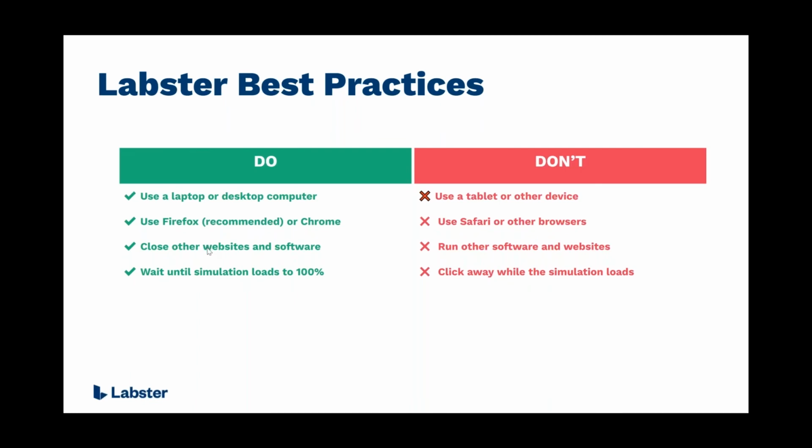Next, if students have 10 tabs open at the same time that they're using Labster, make sure to close as many as they can. Obviously, the fewer tabs open, the better, and it will make the simulation load faster. And as I mentioned earlier, when the simulation is loading, make sure that it loads to 100% before clicking away elsewhere on the computer.